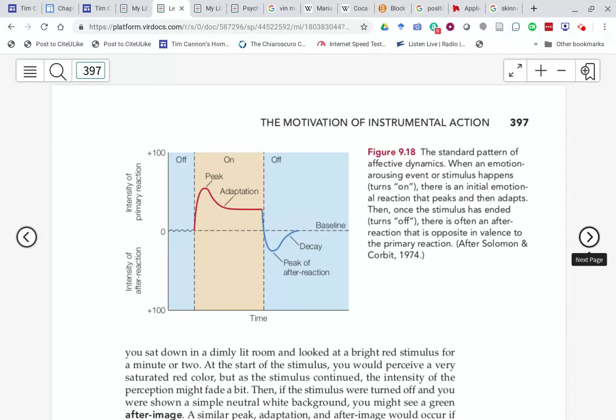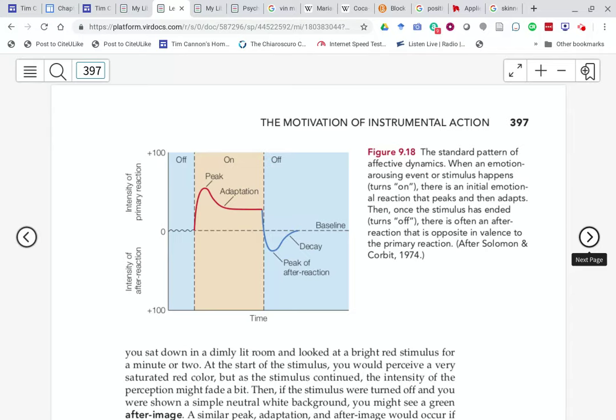And then the stimulus is on. It could be any number of stimuli, but we're in an addiction chapter, so that could be a stimulus that is fun, potentially addicting. You get an initial spike in reaction to it, a real rush, and then you calm down a bit.